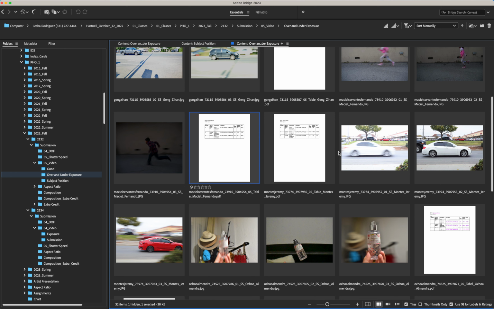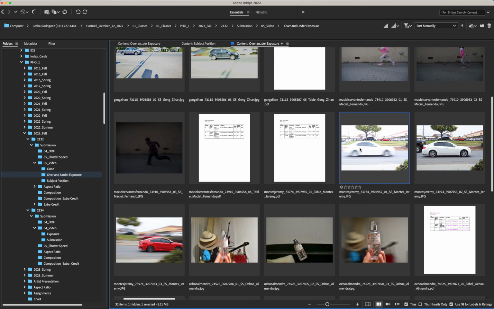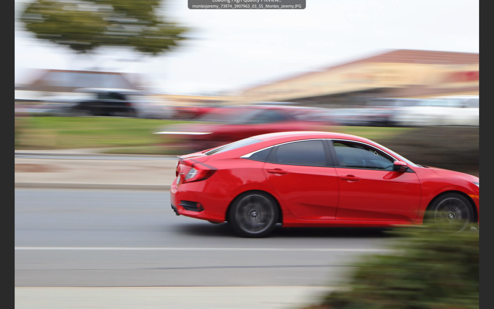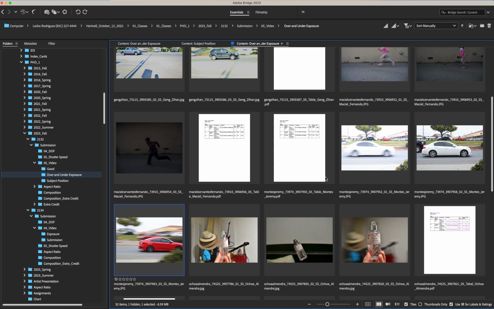Let's review another one. Same thing here. Overexposed on number 1, but number 2 is fine, and number 3 is spot on. Let's compare number 1 and number 2 in the table. Here we go.